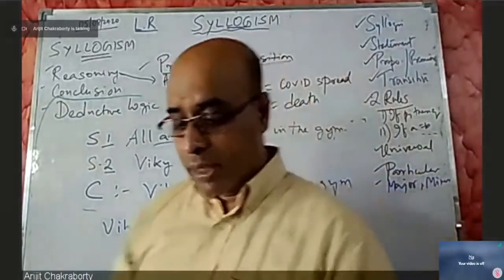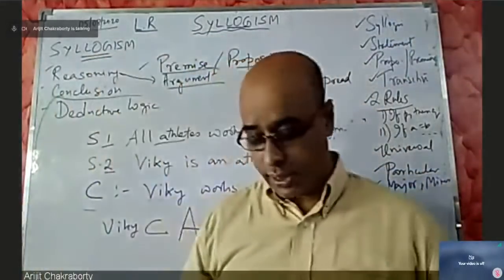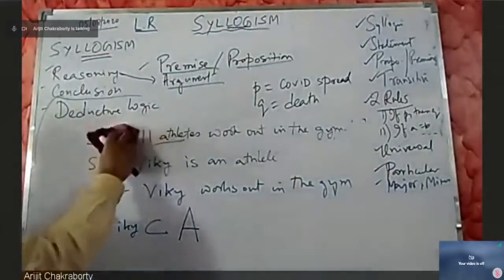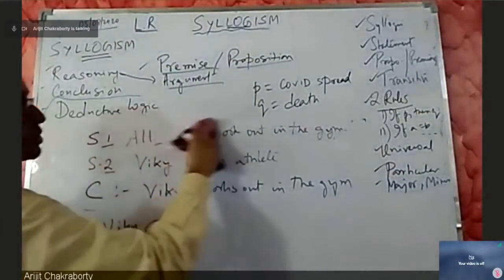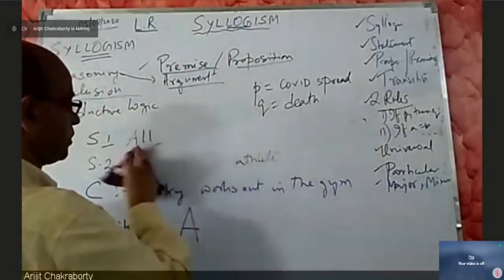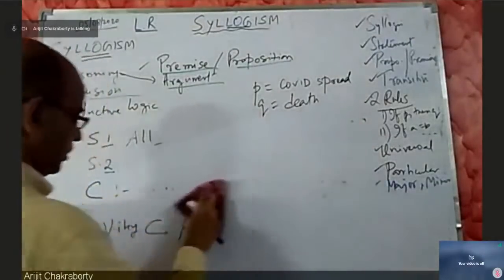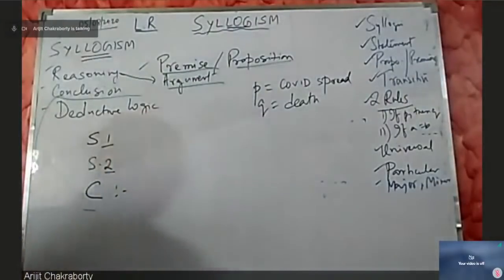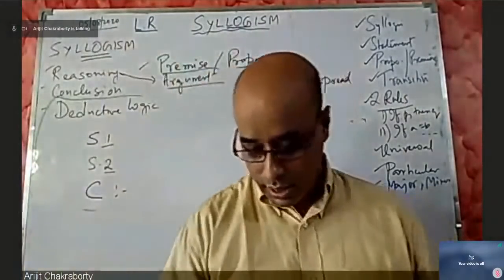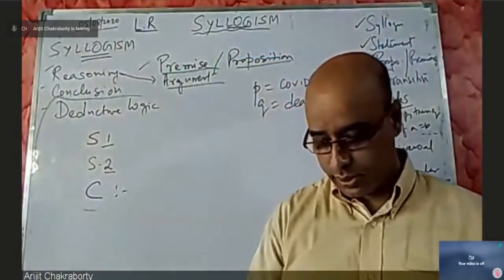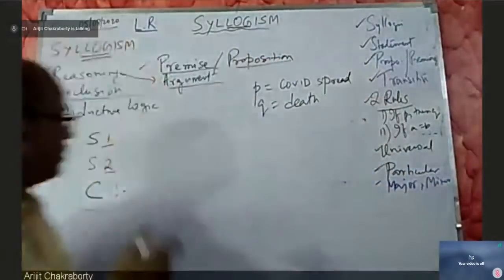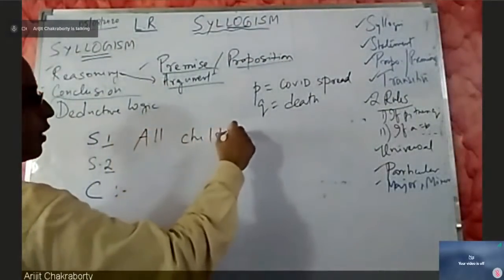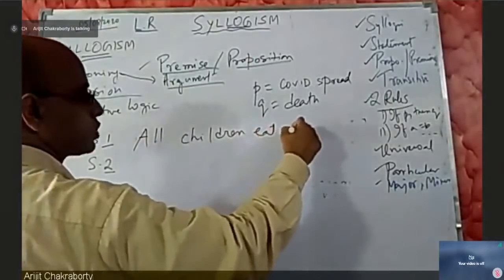Okay. Similarly, another example of syllogism, statement 1, okay, I'll just rub the first part. So we have the first statement. Say, I write that all children eat chocolate.